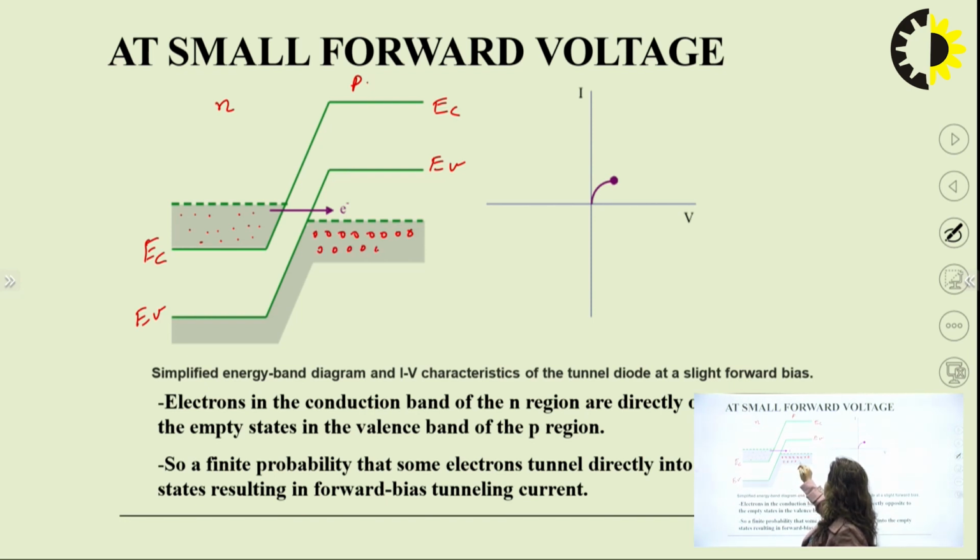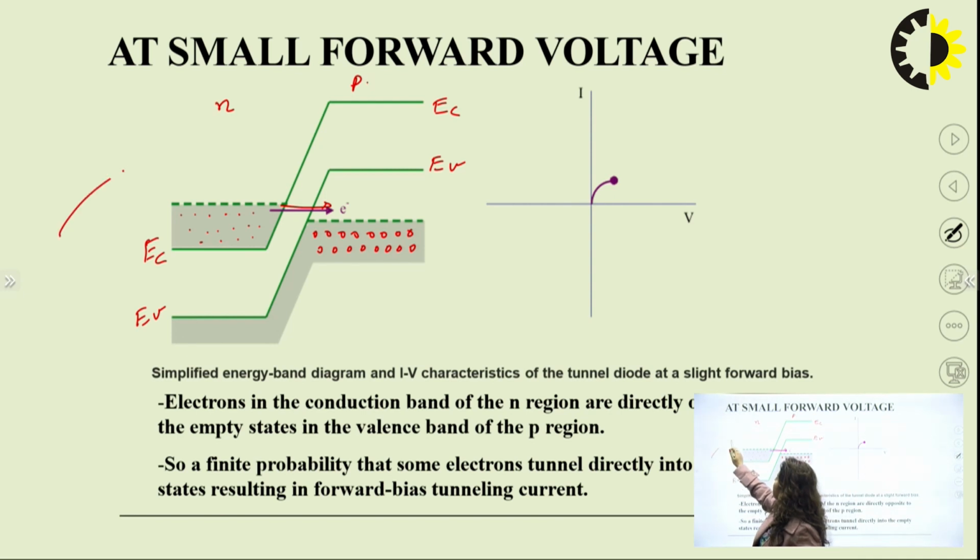So there will be tunneling of electrons from this side to this side, which we can see from the diagram, whenever we contact the P and N type semiconductors to each other. There will be a flow of electrons from N side to P side in the case of forward biasing, because in forward biasing we are providing positive voltage to P side and negative to N side.